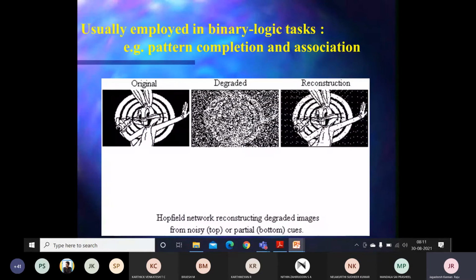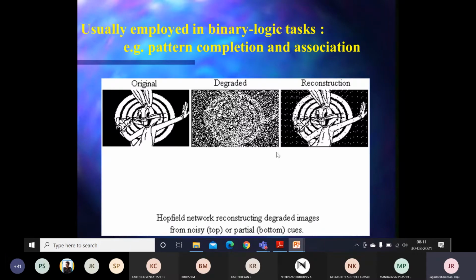Since it uses the binary logic task, Hopfield networks are used to reconstruct degraded images from noisy images. This may be considered the original image.